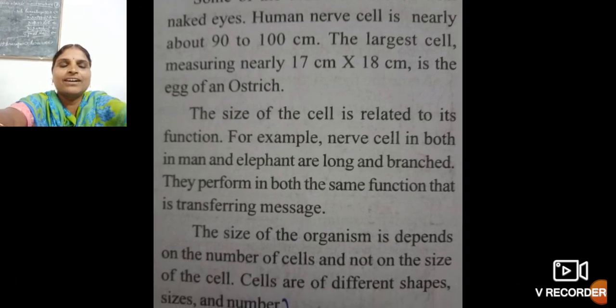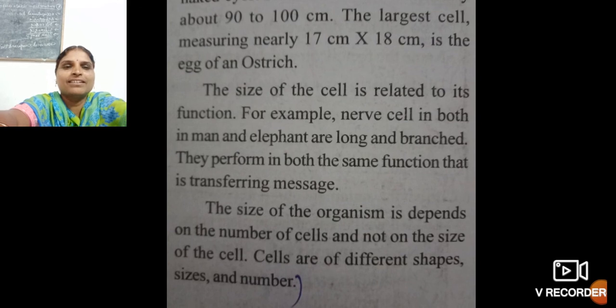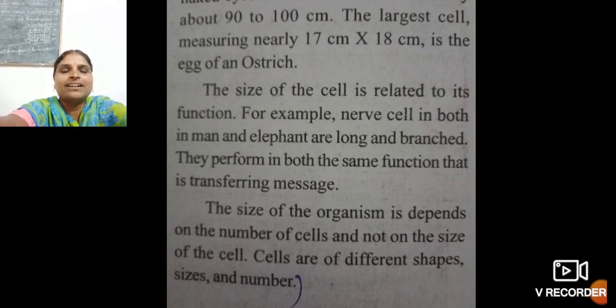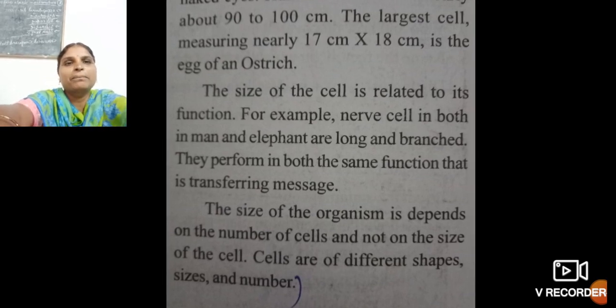The size of the organism depends on the number of cells and not on the size of the cell. Cells have different shapes, sizes and numbers.